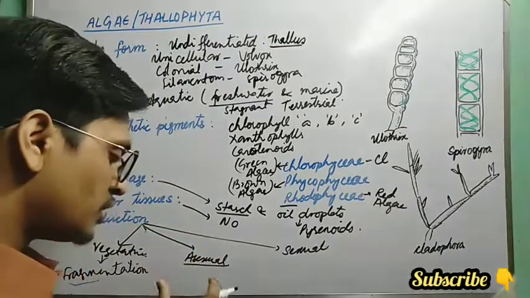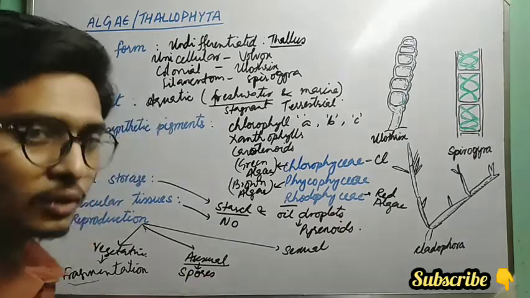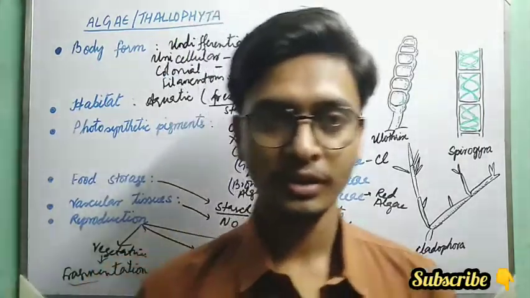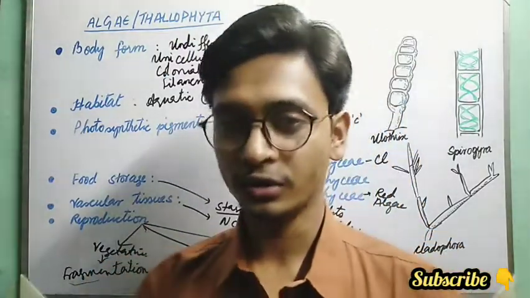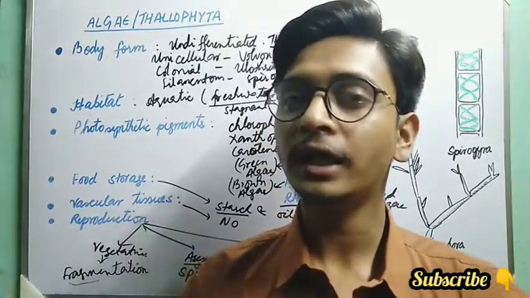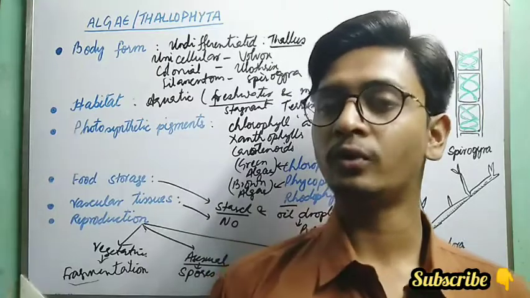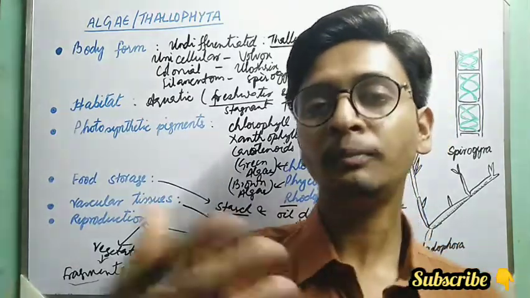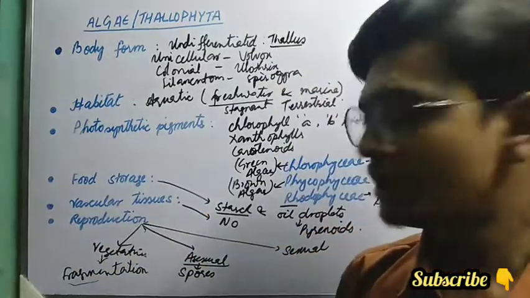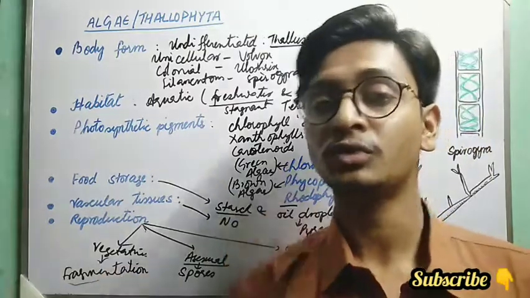And this asexual reproduction will take place with the help of spores. The spores here are aplanospores, hypnospores, zoospores, akinetes, zygospores. These are the different types of spores produced by algae. So through this, algae can also perform asexual reproduction.